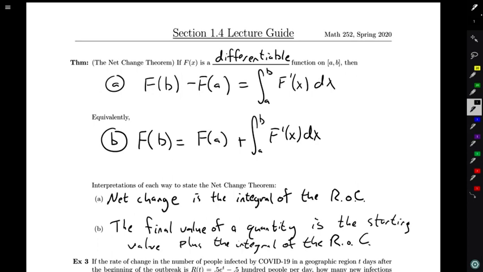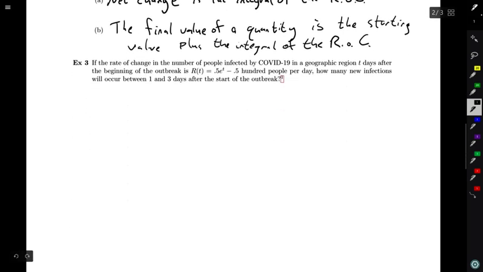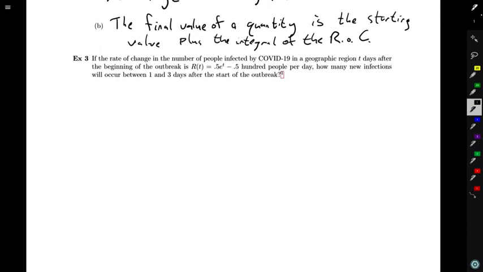So if we want to know what some value is at some point, and we know something about where it starts, and we know something about how it changes, then we can add that starting value to the integral of the rate of change.